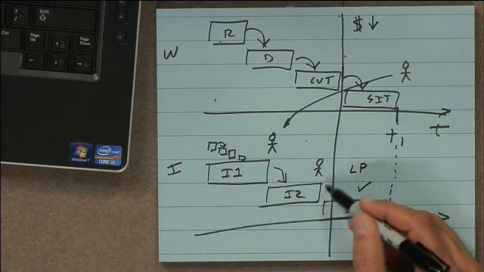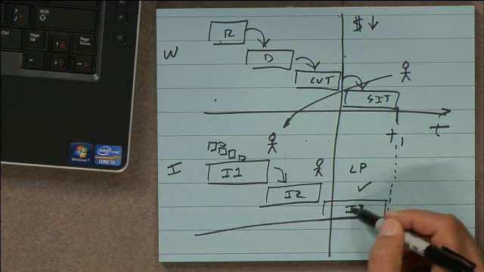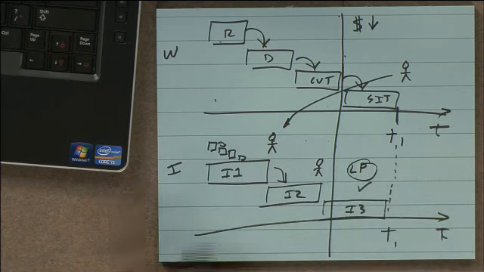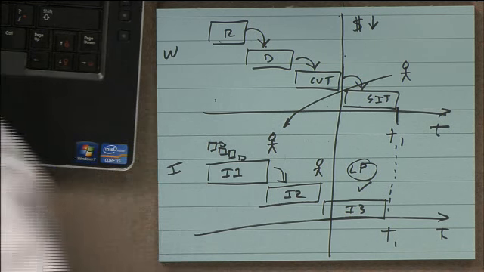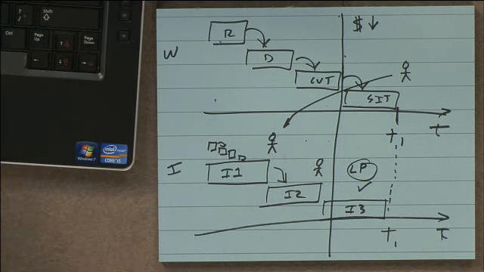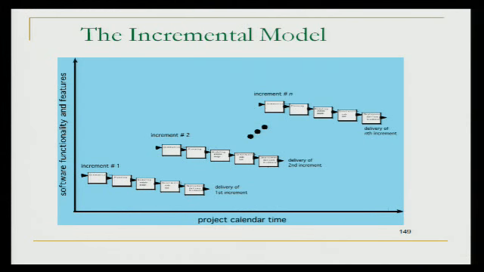So if I ran out of money here and can't get my increment 3, the things that suffer are the things I probably don't care too much about anyway, right? So there are a lot of benefits to having an incremental approach for all these reasons. Just keep that in mind when you're looking at different approaches. Now again, you may be told by your customer to follow a certain approach, but it's one of the benefits of incremental development approaches.